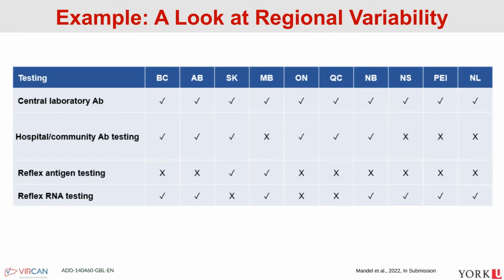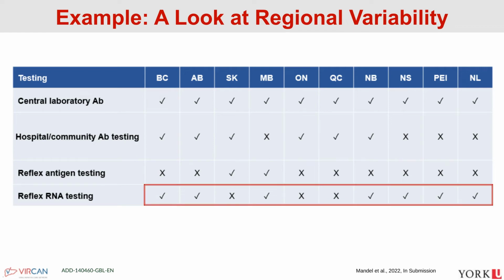So we've been looking at this in Canada and really trying to look at the differences from region to region or province to province around what different provinces are doing in terms of their testing algorithm. And unfortunately, we still do not have all provinces doing reflex testing.